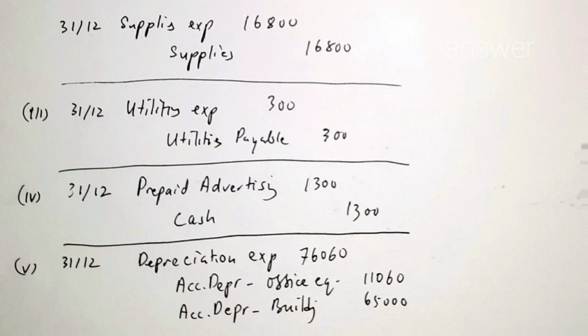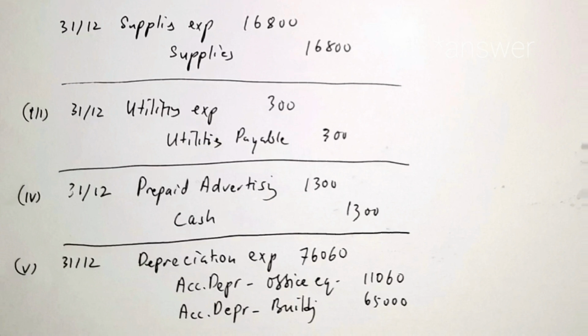When there is a cash out or a decrease in cash, you credit cash 1,300, and then the business paid the advertisement expense for the next year. So the business will get something in the future. So it is an asset. So in accounting, you record that in an account called prepaid expense. For this expense, it is the advertising expense. So the entry is debit prepaid advertising 1,300.